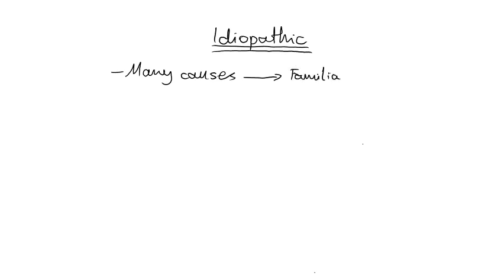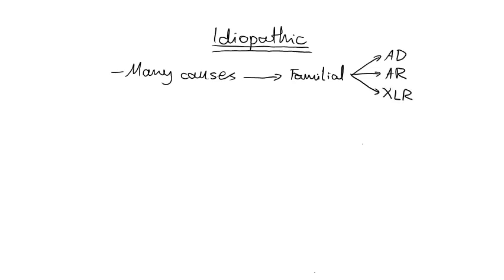And if you're wondering what the inheritance pattern for this condition is, there are many patterns, but usually what we see is it has either an autosomal dominant inheritance pattern, autosomal recessive, or it can be X-linked recessive.